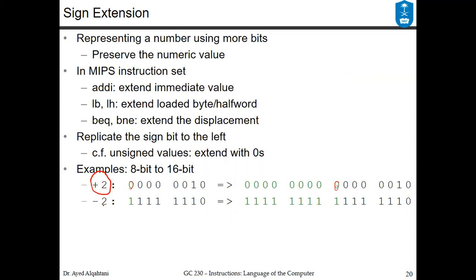If you have negative 2, meaning this number, then you extend this number to 16-bit by repeating the sign. So if you have 1, you repeat 1 this way. So that's the idea. If you want to do the sign extension, you replicate the sign bit to the left.